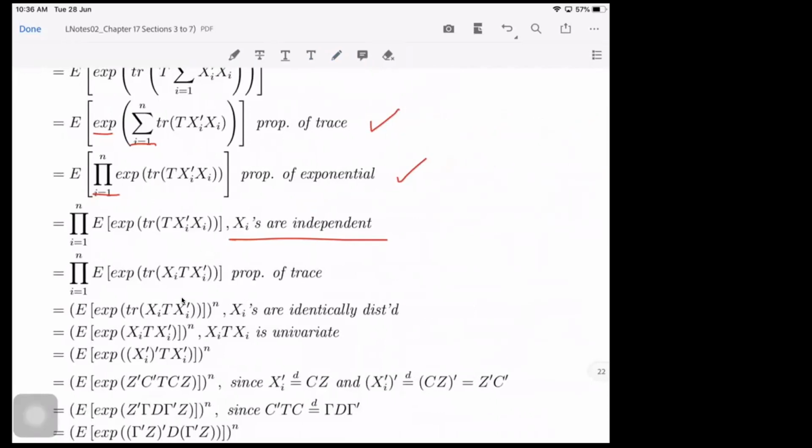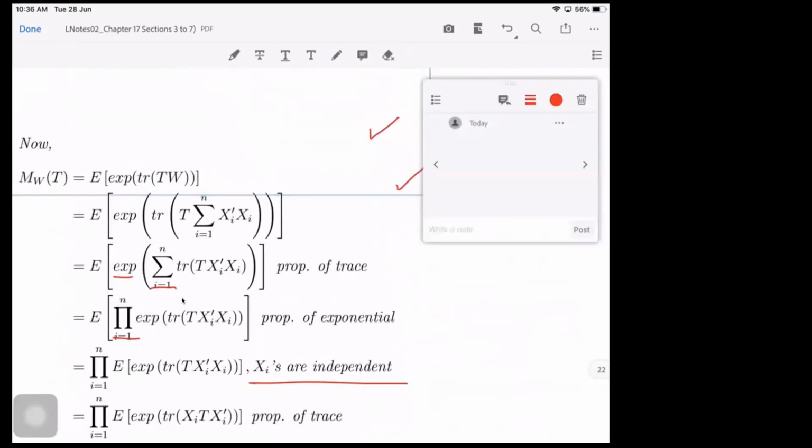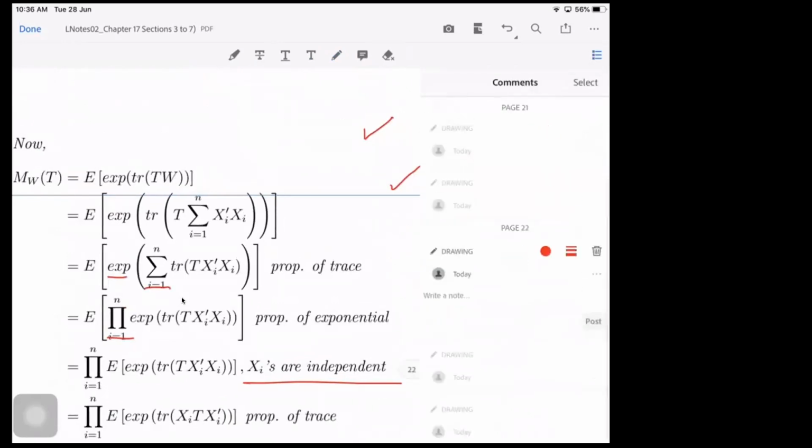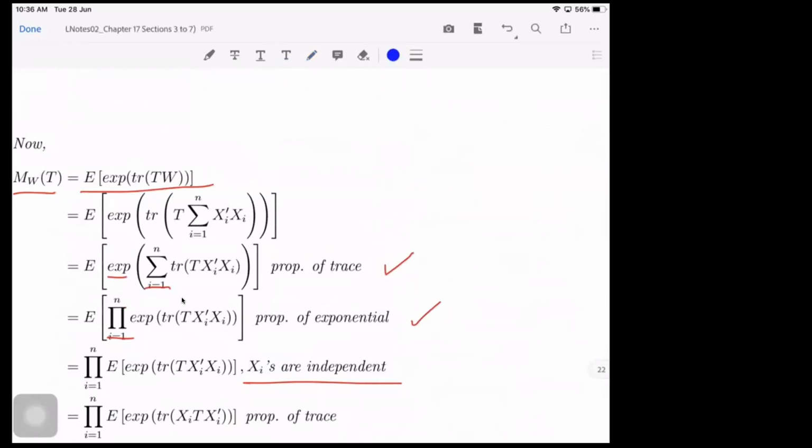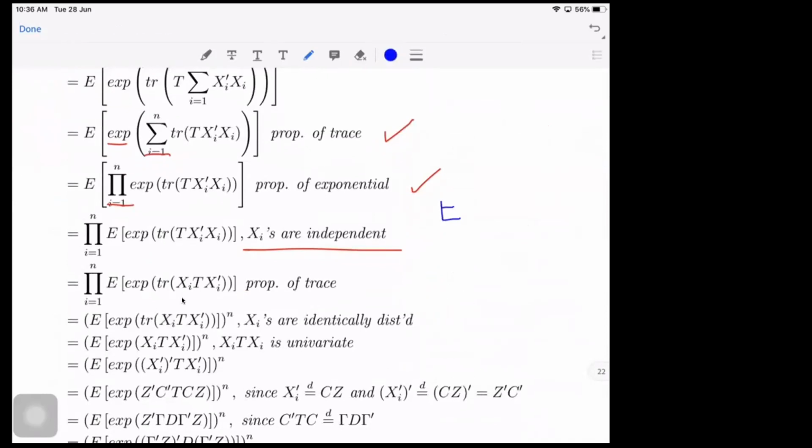So if they are independent, then you can write the expectation of xyz to be equal to the expectation of x times the expectation of y times the expectation of z. No? So this is what happened here.